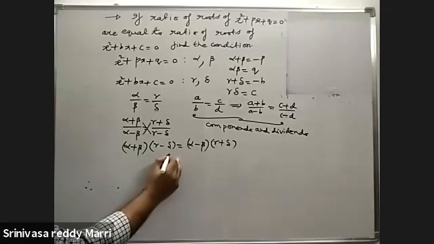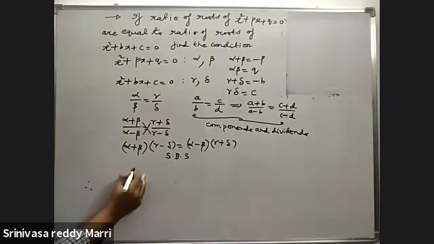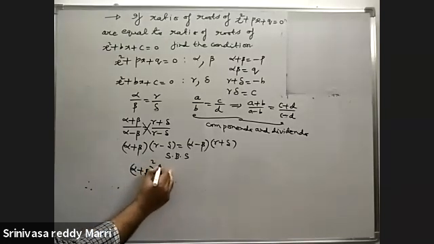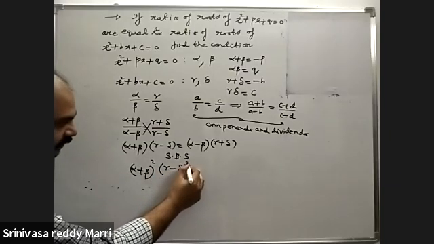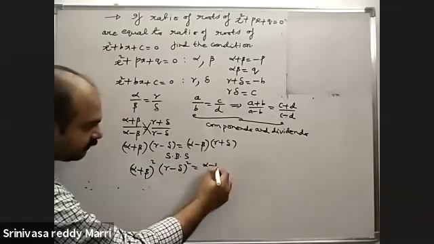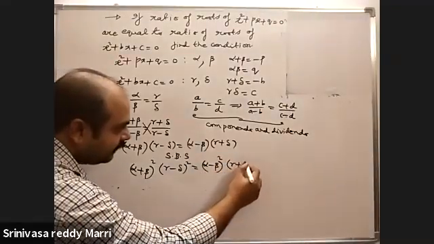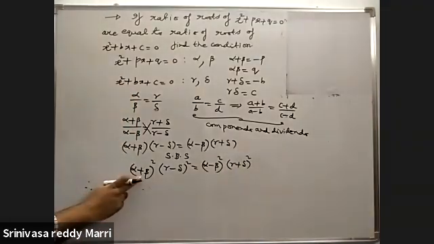Squaring on both sides, alpha plus beta whole square into gamma minus delta whole square equal to alpha minus beta whole square into gamma plus delta whole square.